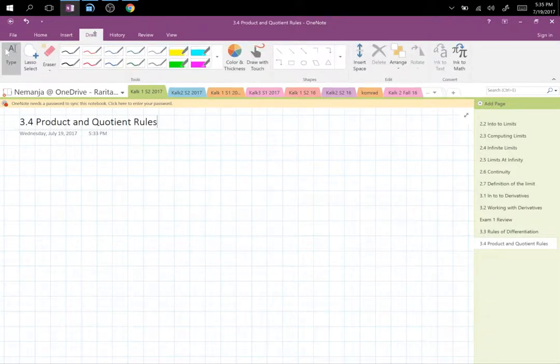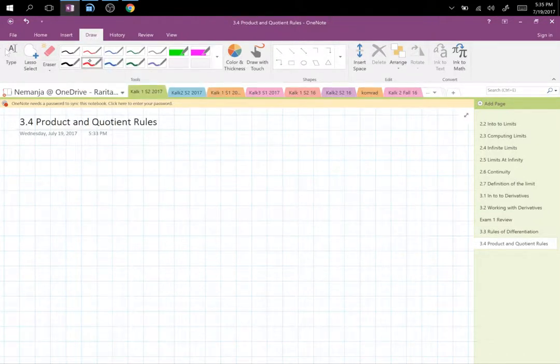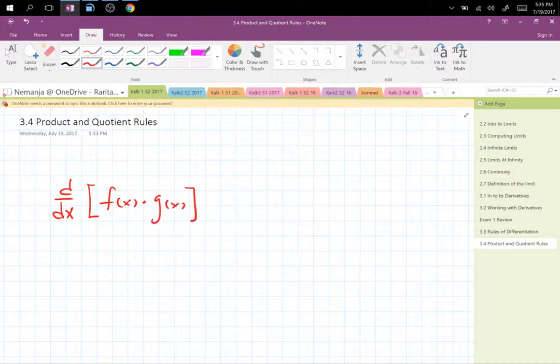So the product rule formula looks like this. The derivative of f of x times g of x is equal to f of x times g prime of x plus g of x times f prime of x.